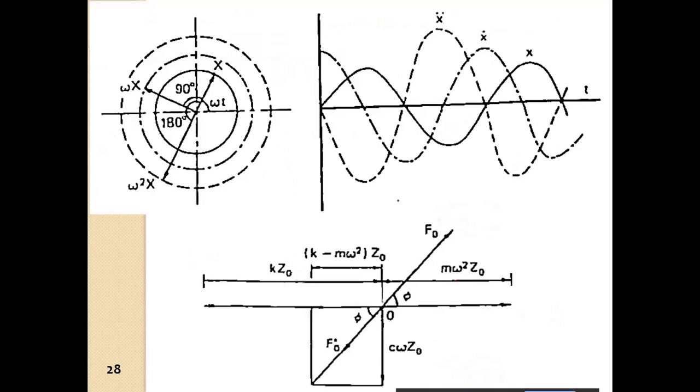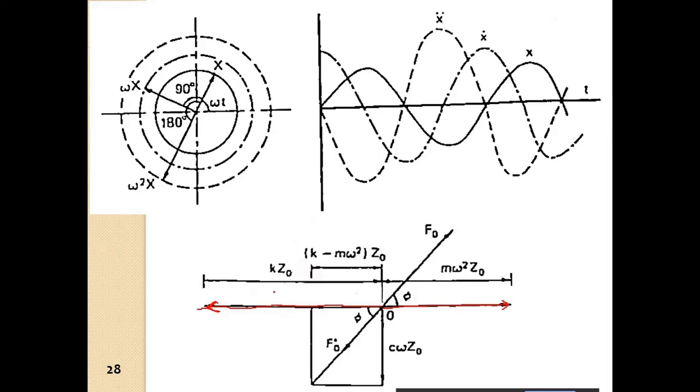Okay, so similarly, as we made the phase diagram, here also we can make the phase diagram. So we have the inertial force m into omega square z naught, which we have discussed just now, and we have the spring force which is k into z naught, the spring constant into the displacement, which we have just discussed.